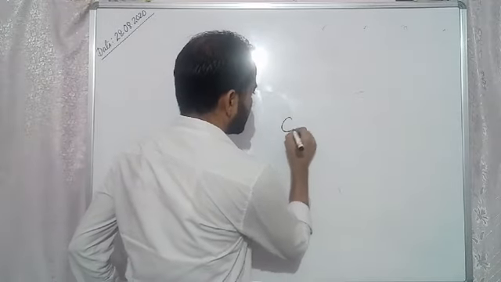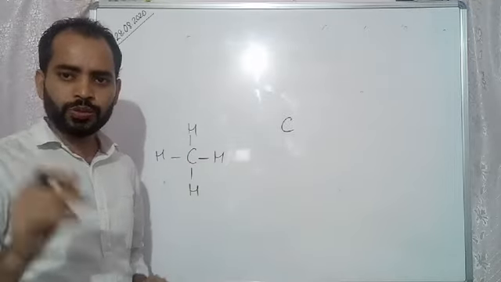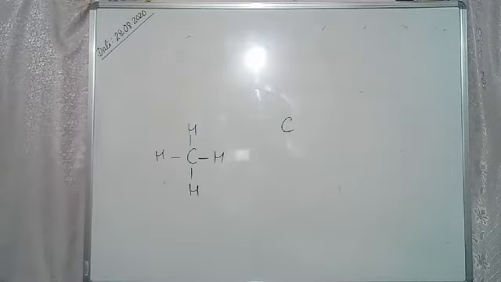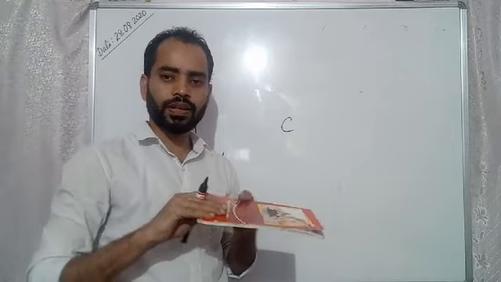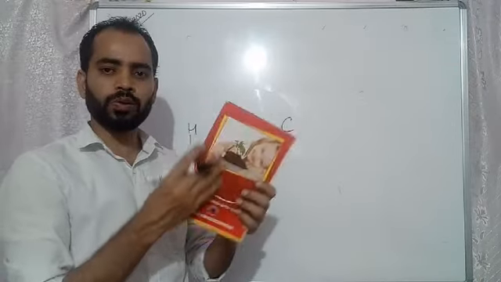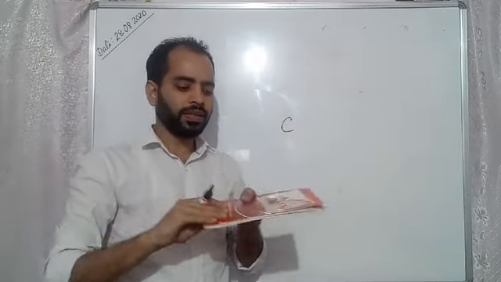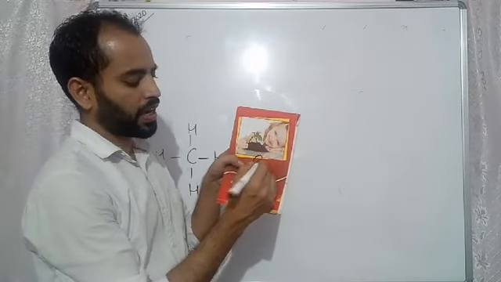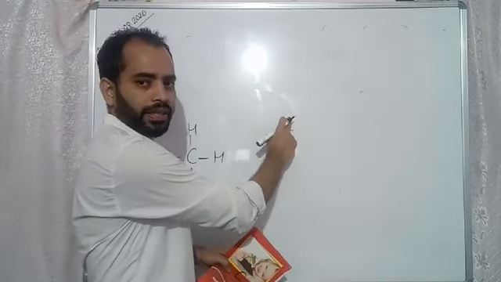This is your central carbon atom. This will be more clear if we show you in three-dimensional way. Just for example, this is a notebook. So you see this is one plane. Okay. Now in this plane, if there is one carbon atom, C is placed at the middle.